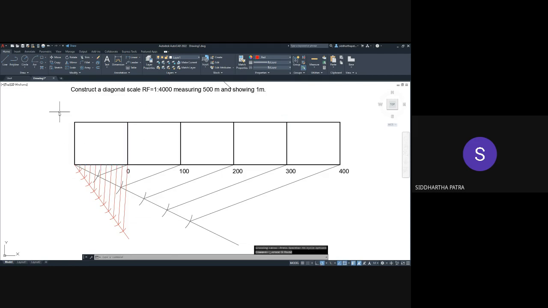What you would do next is to divide this vertical side into 10 portions and make copies. 2, 3, 4, 5, 6, 7, 8, 9, and 10.